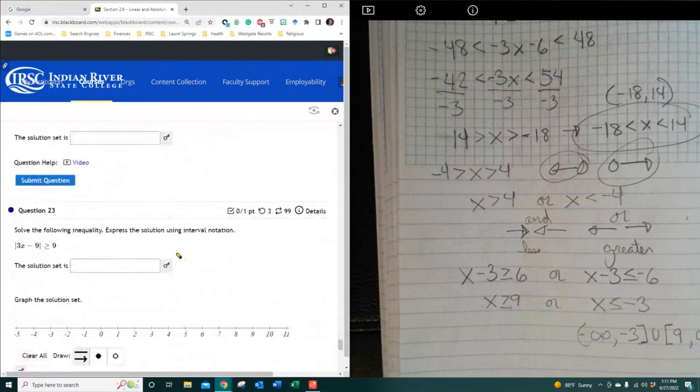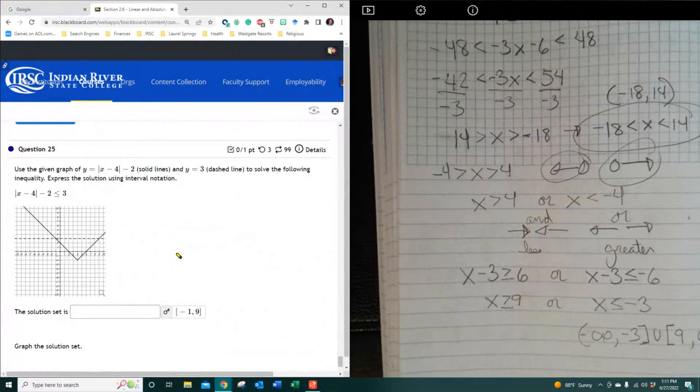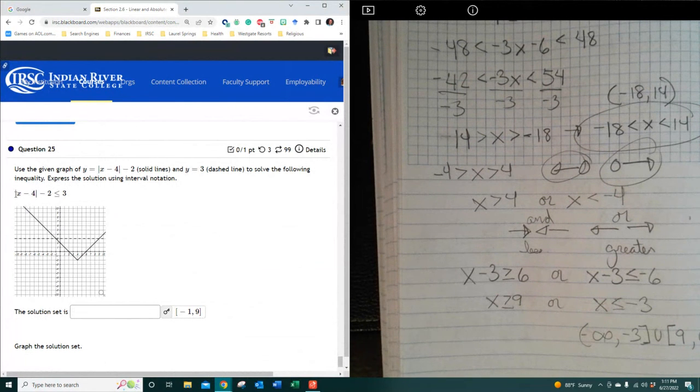The rest of this is pretty straightforward. This is the last question I'm going to go over, and I wanted to explain it to you. When you have an absolute value involved, you're asked to use the graph. You're asked when this graph, which is the solid line, is less than the other graph, which is the 3 here, the dashed line.